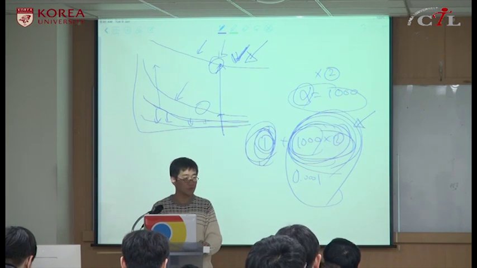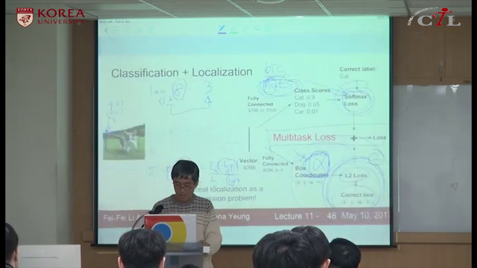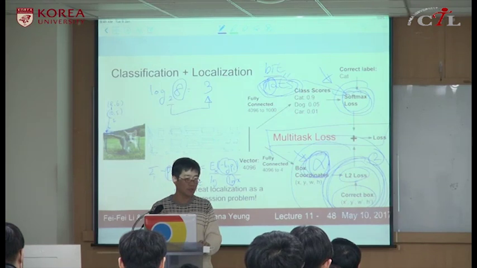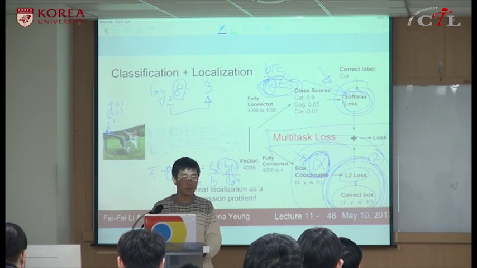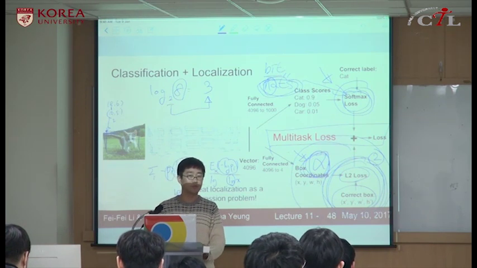So it will focus on the first one, which means that in that case we will only focus on correctly classifying the image, but not correctly predicting the bounding box.